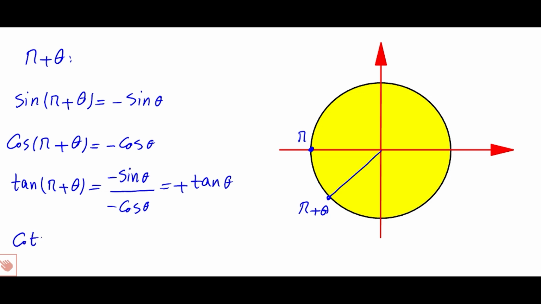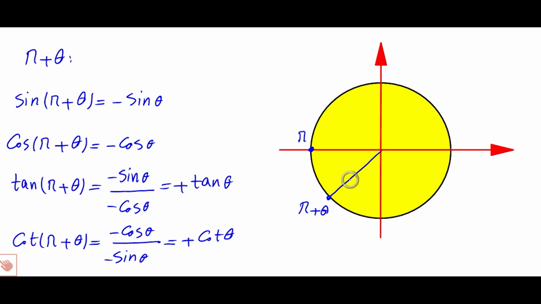And cotangent of pi plus theta is equal to minus cosine of theta divided by minus sine of theta, which is equal to plus cotangent of theta.